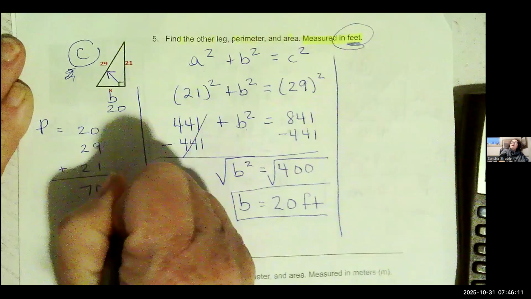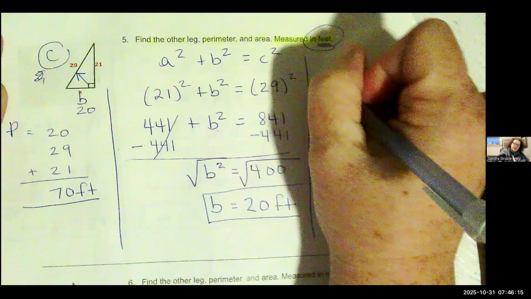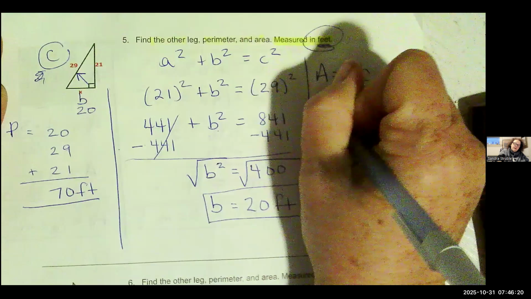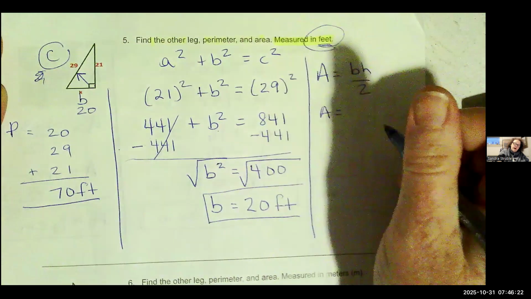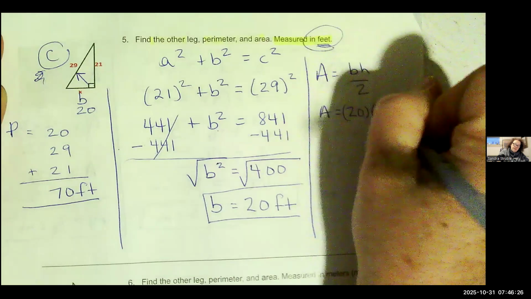Okay, and now we can find our area. Base times height divided by 2. So 20 times 21. Remember never to use your hypotenuse when you're finding your area.